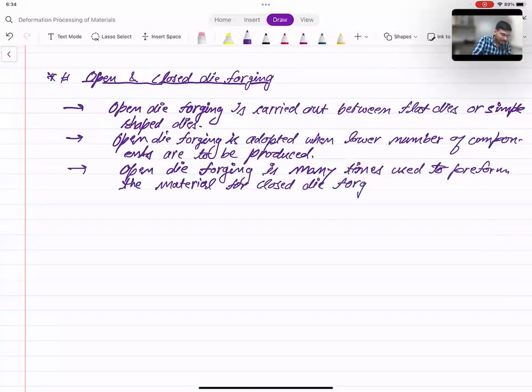So this was something for open die forging.